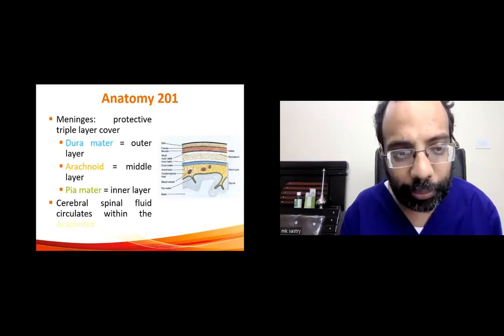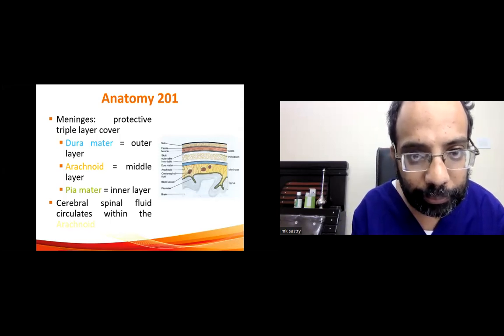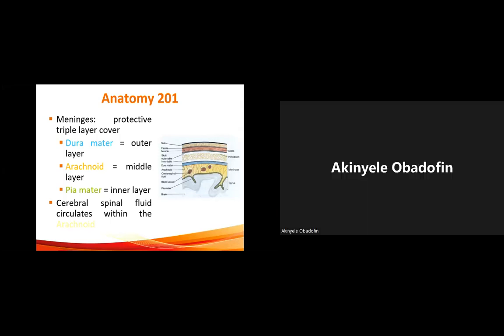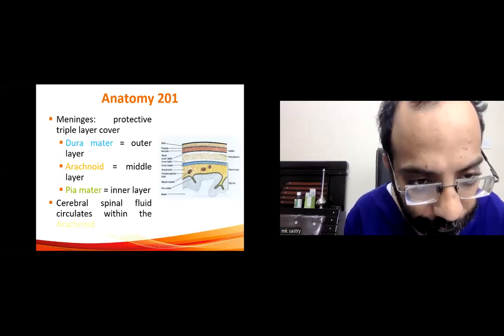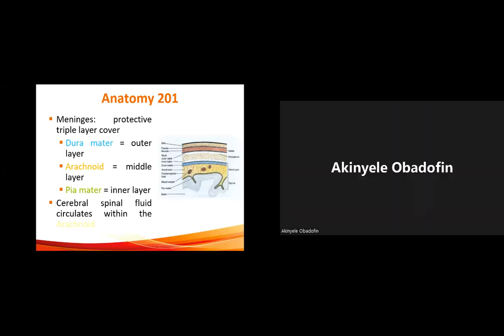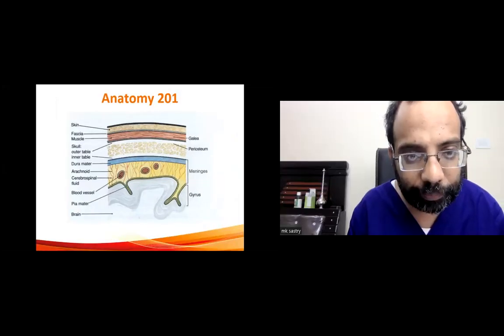The meninges are a protective triple layer: dura mater, the outer layer; arachnoid mater, the middle layer; and pia mater, the inner layer. Cerebrospinal fluid circulates within the arachnoid mater.